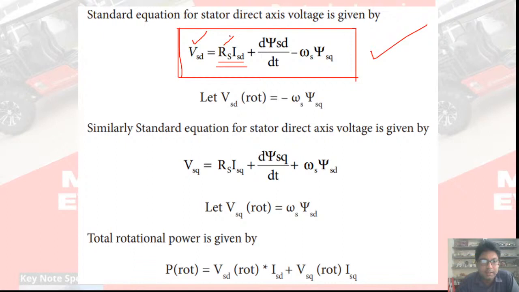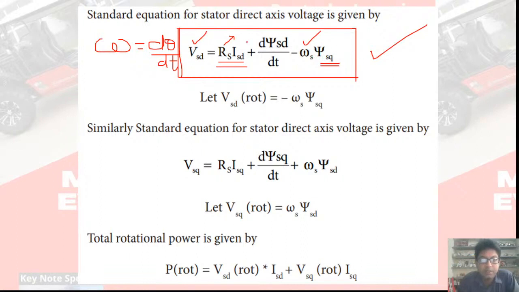So RS, the stator resistance, into stator direct axis current, plus the rate of change of flux with respect to time, which is also voltage, and minus the term due to the quadrature axis flux, which is due to the rotation. This is omega, equal to d theta by dt. Here also voltage will develop.